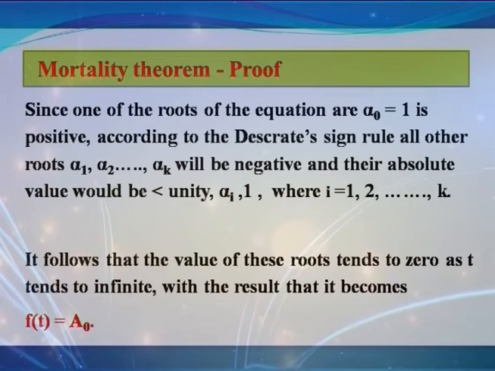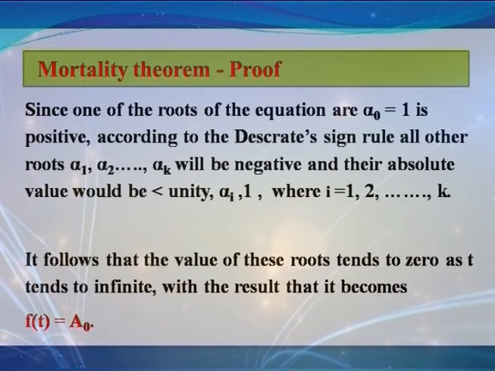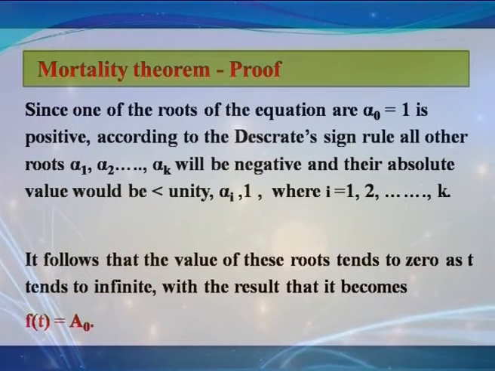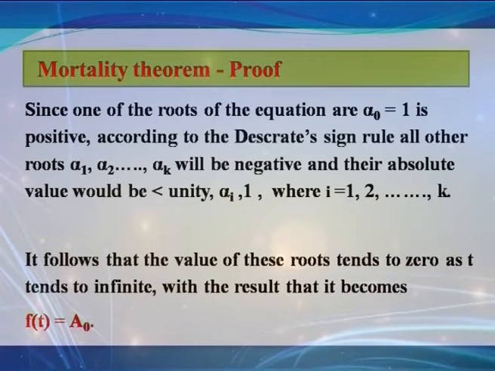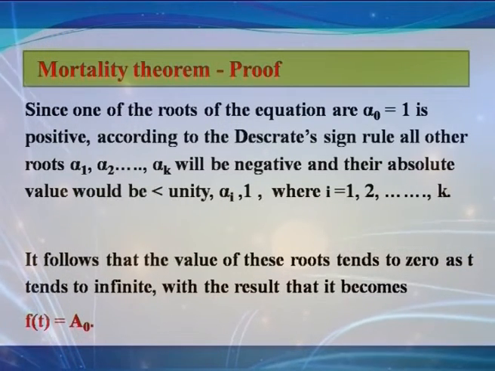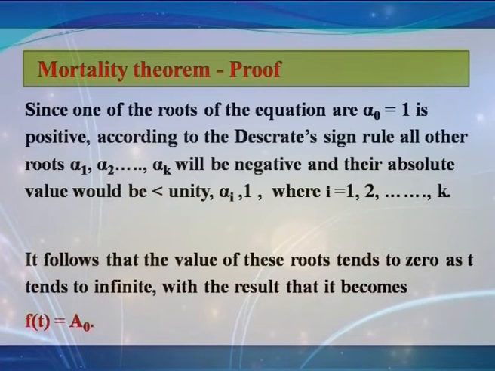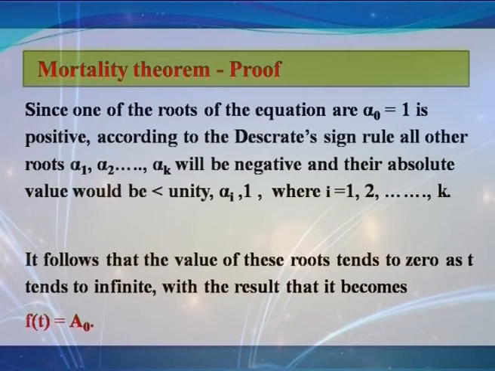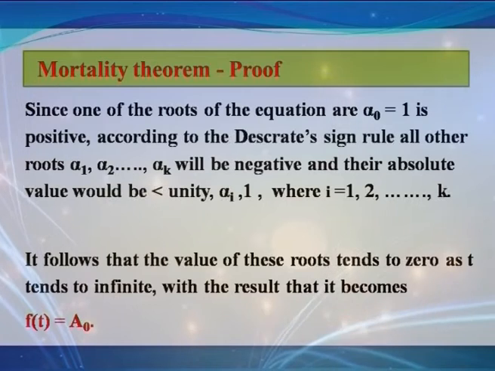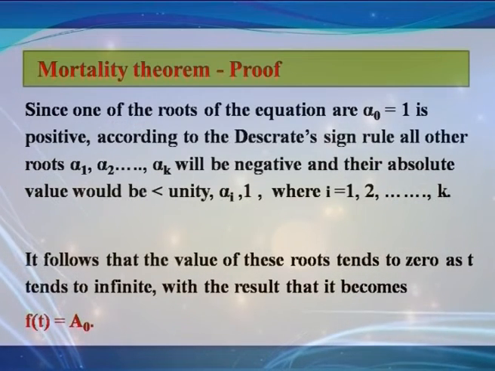Since one of the roots of the equation, alpha naught equal to 1, is positive, according to the discrete sign rule, all other roots alpha 1, alpha 2, up to alpha k will be negative and their absolute value would be less than unity.